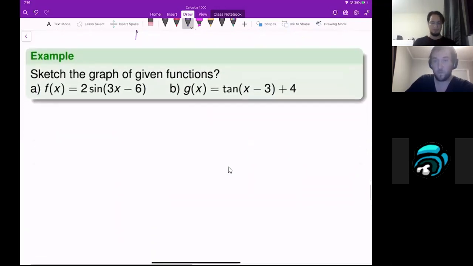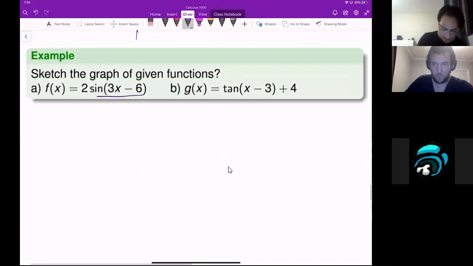Yeah, okay. So then let's sketch at least some graphs for trigonometric functions. These are the transformations. Right away you should see that this is some transformation of sine x. So I'll start with the function sine x.